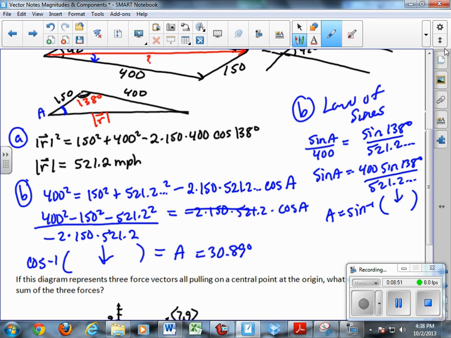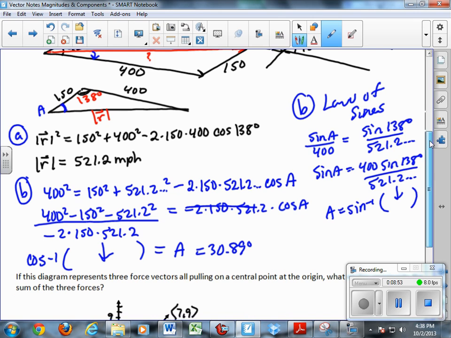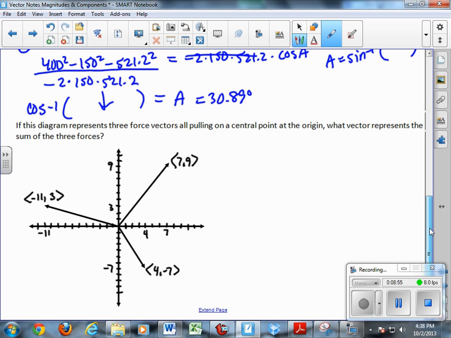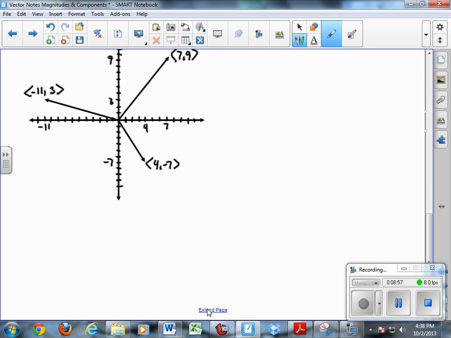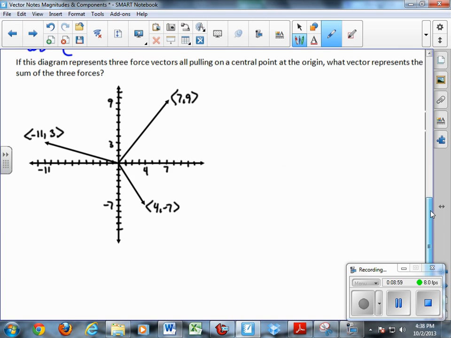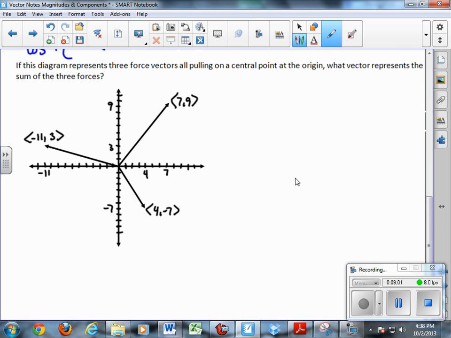Now let's look at the next problem that we come along to. This one is different in that it has some different notation, and we have 3 different vectors. If this diagram represents 3 force vectors all pulling on one central point at the origin, what vector represents the sum of the 3 forces? Let's think through this problem.